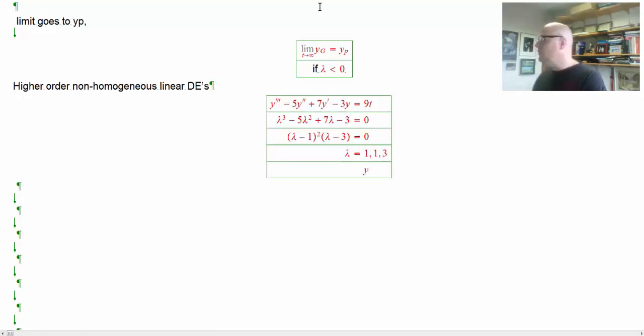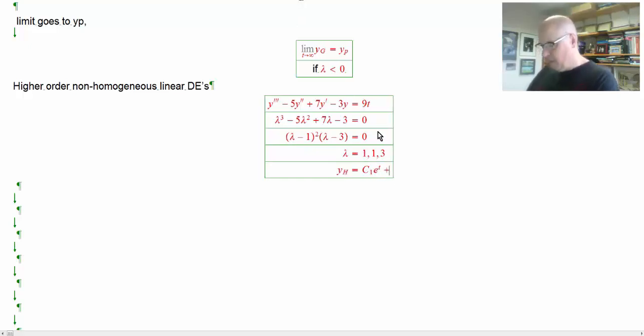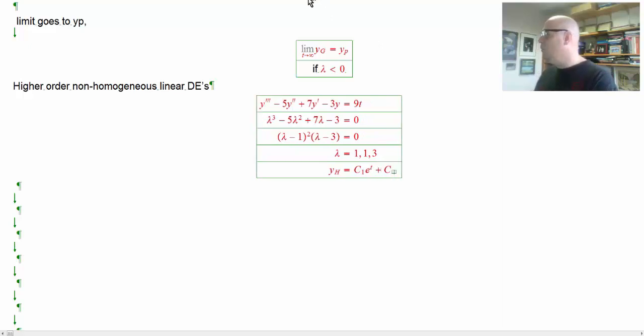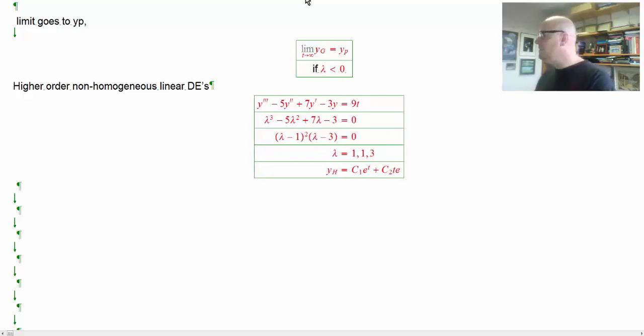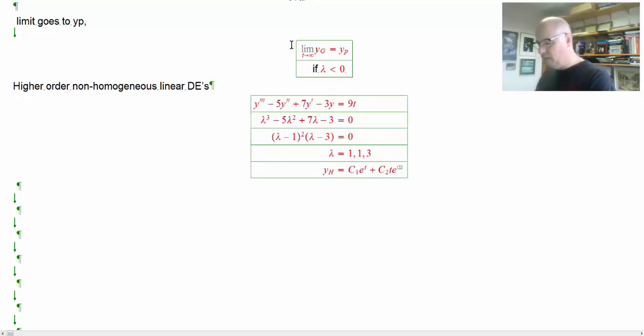So my homogeneous solution is going to be a linear combination of those 3 little solutions. Now this first eigenvalue of 1 would have a solution of just e to the 1 t. That second eigenvalue of 1, the repeated eigenvalue of 1, would be e to the t, but I need to throw a t in front of it because it's repeated.